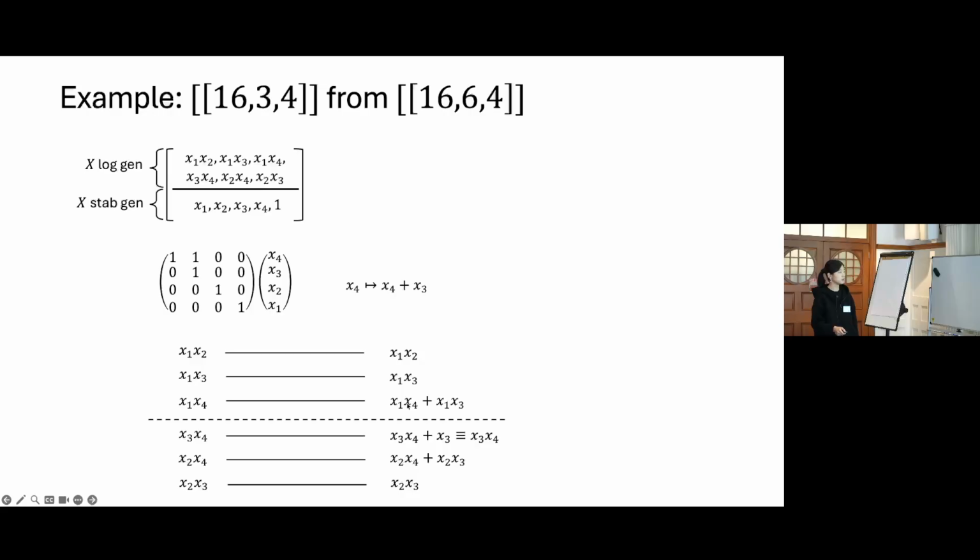For example, here we just replace this x4 by x4 plus x3, so the transformed polynomial is like this. And here, this x3, x4 remains the same because x3 squared, which is equal to x3 because it's a binary variable, is equal to itself because x3 is a stabilizer of the code. And similarly, you can derive the following. So if you plot out the logical action of this, it is a pair of CNOT gates. So it is not as expected, as I want only a single CNOT gate here.